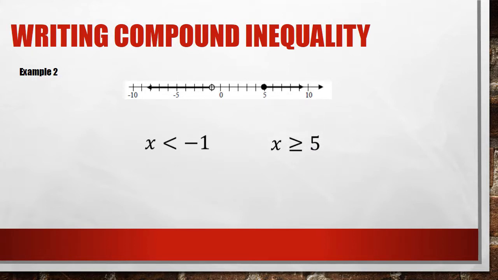And since the values don't have to be shared by both inequalities, I'm going to use the word or to connect these two simple inequalities because the solution can belong to just one of these two and doesn't have to belong to both of them at the same time.